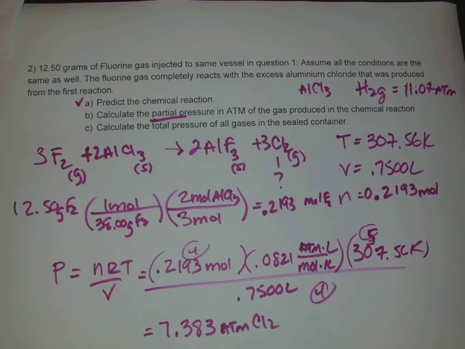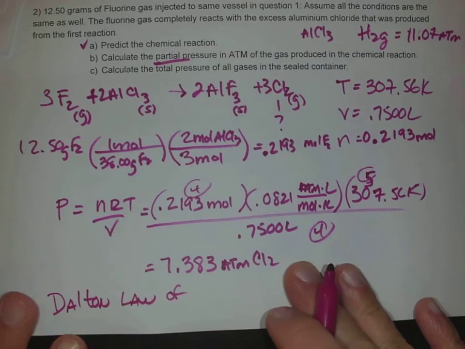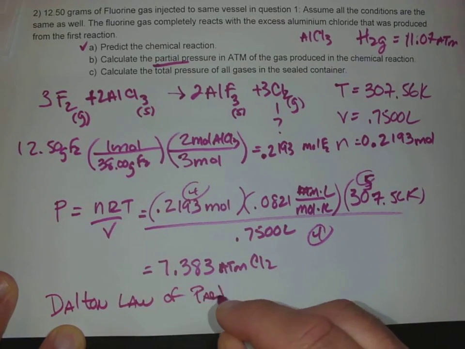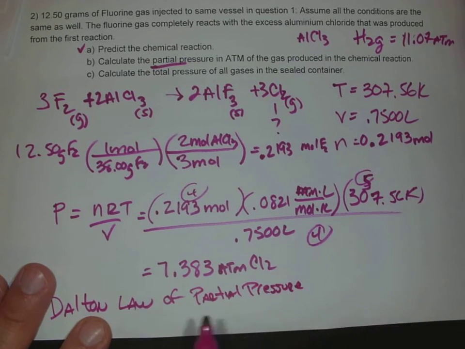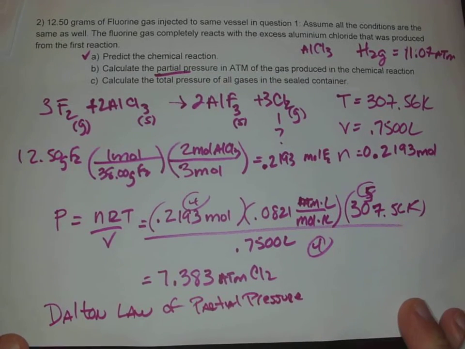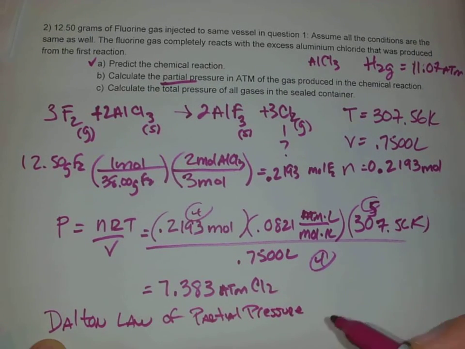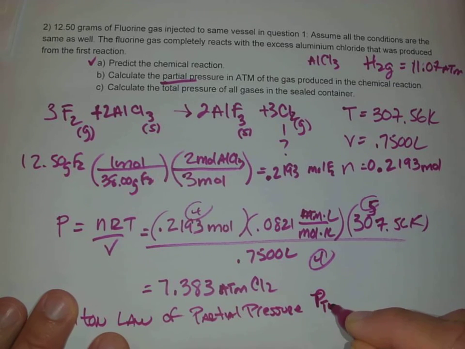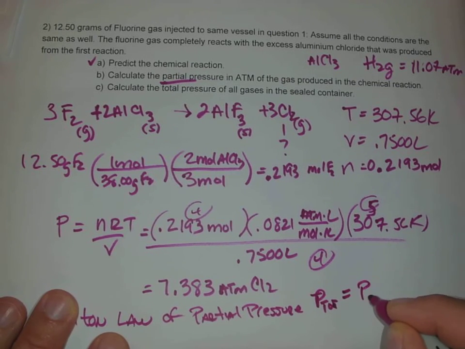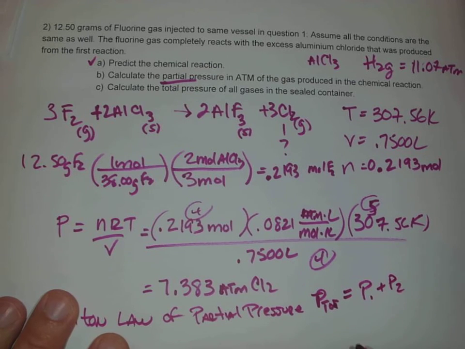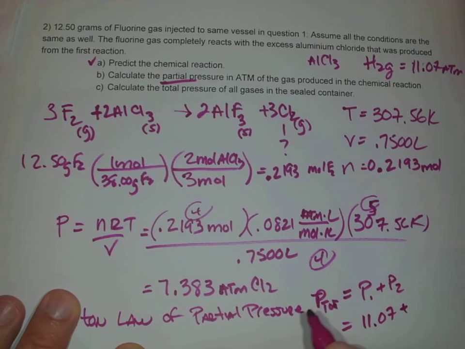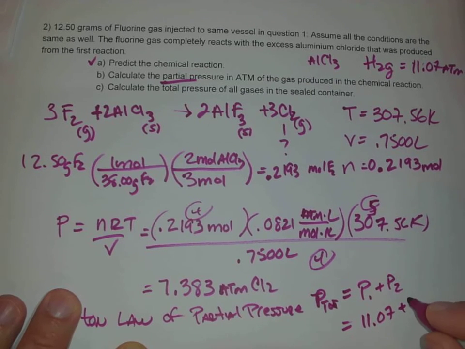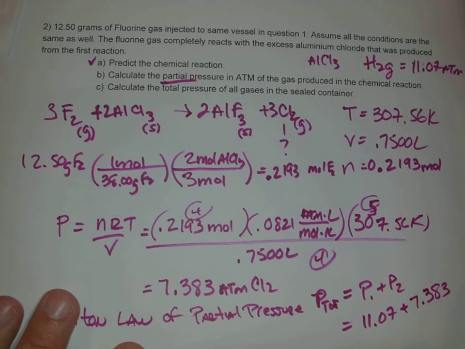Dalton's law of partial pressures states that each gas will contribute to the overall pressure, and to get the total pressure, call it P total, you just simply add up the gases. 11.07 atm plus, we just figured this out to be 7.383.